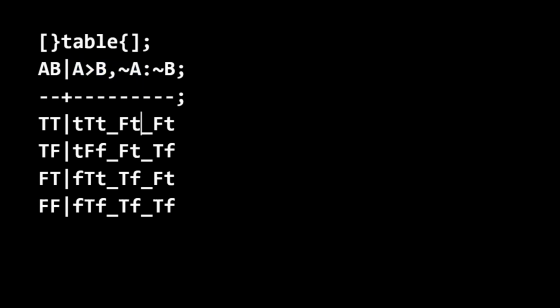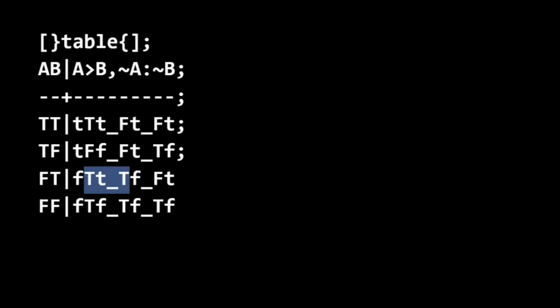So we see in the first interpretation, the second premise is false. So this is not a significant row. So we're not going to mark the first row of our table. In the second interpretation, the first premise is false, also the second. But here in the third row, we have an interpretation of A and B where both premises are true.